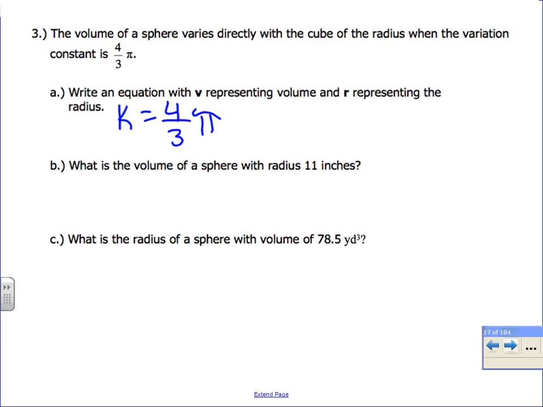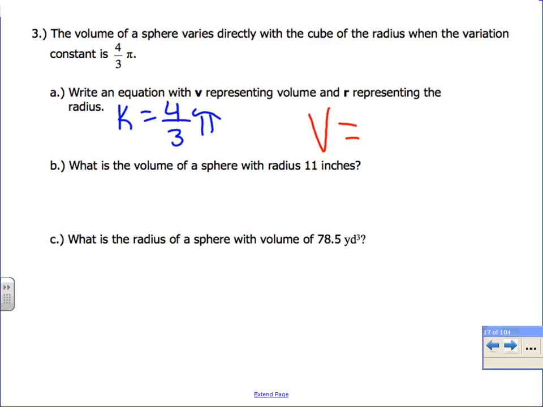Let me read it again. The volume of a sphere varies directly with the cube of the radius when the variation constant is 4/3 pi. So someone fill in for me. Either you remember the volume formula for a sphere from last year, or you translate this into an equation.